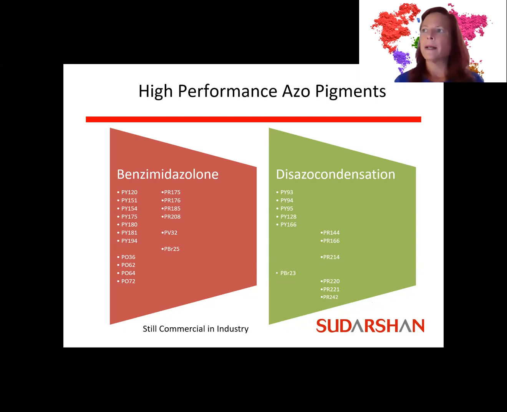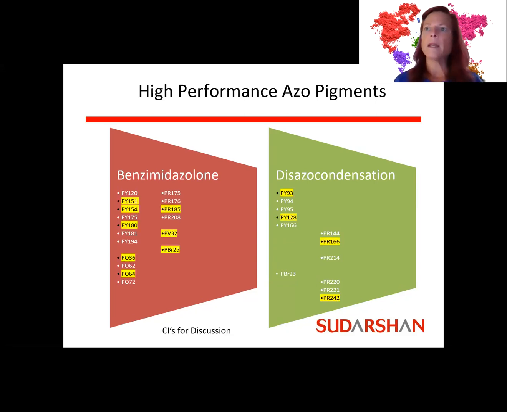Most of that cleaning out has been done in the disazo condensation class of pigments. Today, we will review the highlighted color indexes that I have in both categories, so you'll get a sense of these chemistries and what they bring to your colorant needs.